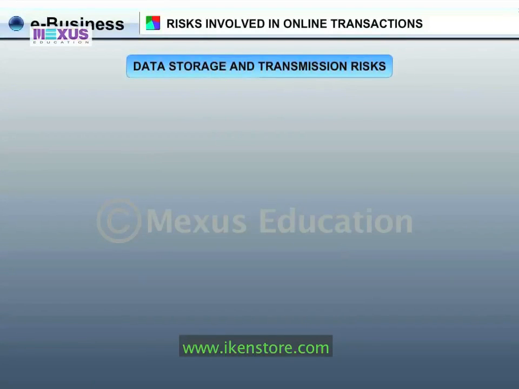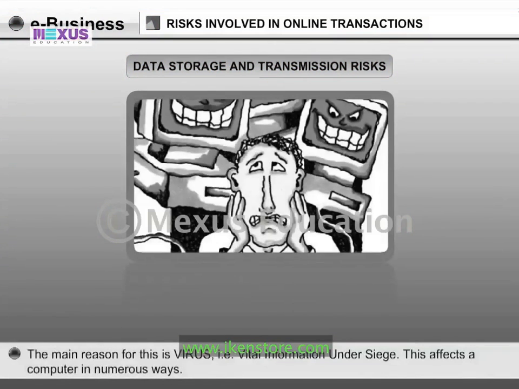Data storage and transmission risks. The main reason for this is virus, that is, vital information under siege. This affects a computer in numerous ways by corrupting data files or by directing towards opening unwanted internet sites.